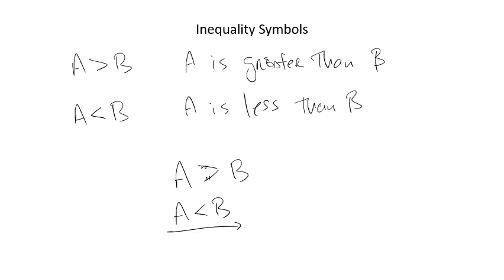Since we address the A first, students thinking about what's greater, the bigger one, see that B is bigger than A, but that's reading it from right to left. So just be aware of that. The toothy mouth mnemonic is helpful, but some students will struggle with that context.